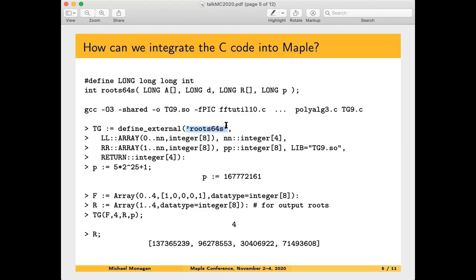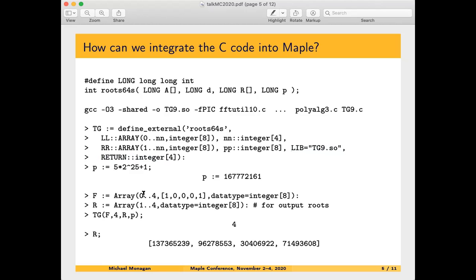This is the name of the routine in the C library. I have to tell Maple what the inputs are, and this is how I'm telling Maple that the input is an array of coefficients. This is for the degree, an array for the roots, the prime, the name of the library, and the routine returns the number of roots found.